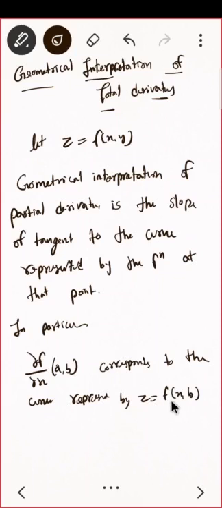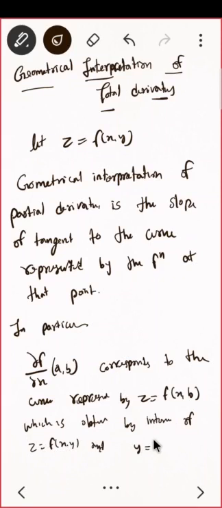This z equal to f of x, b is obtained by the intersection of the function and the plane y equal to b, which is the intersection of z equal to f of x, y and y equal to b. Okay, so this is dou f by dou x at (a, b).